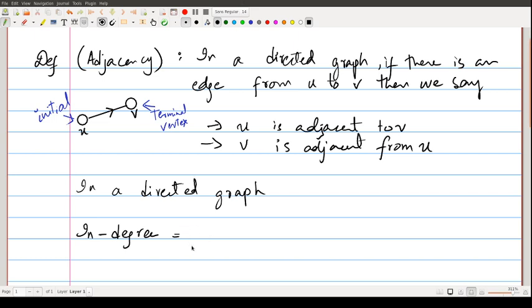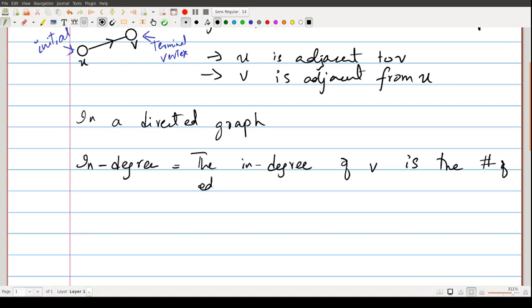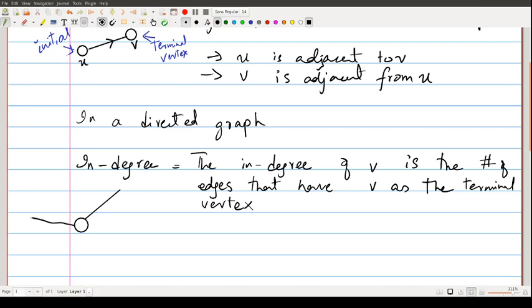The in degree of v is the number of edges that have v as the terminal vertex, which means, for example, if you have a graph in which there are, let's say, 3 edges coming to v, then we say that the in degree of v is 3, which means we write it something like this: degree minus of v is equal to 3, right?